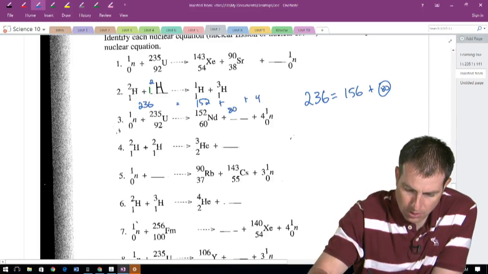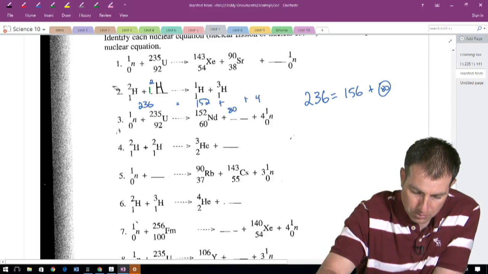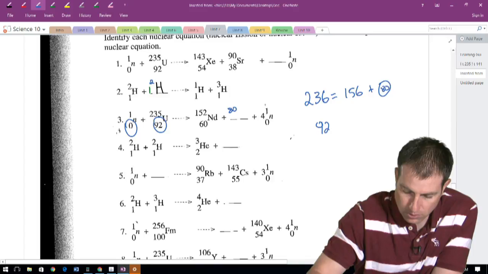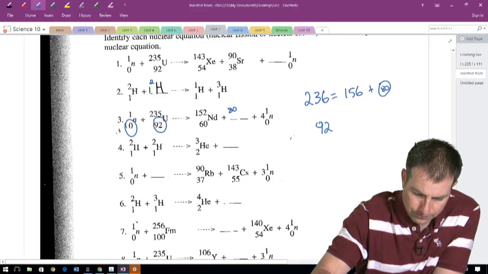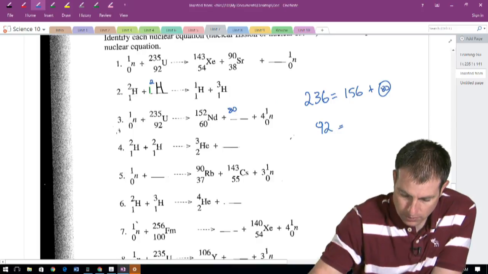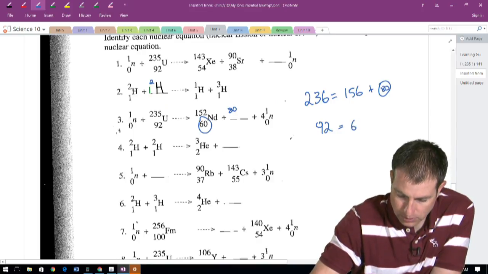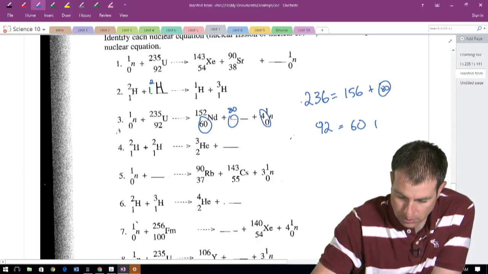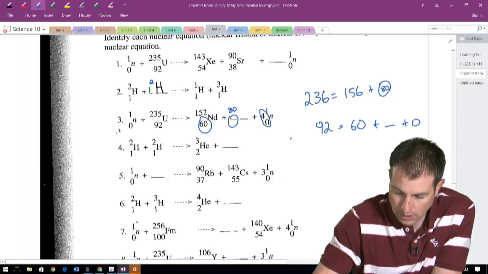So 80 on the top, and then we do the same thing on the bottom. I have 0 plus 92, so I have 92 is equal to, I have 60 here, so 60 plus something, what I'm trying to find, plus 4 times 0, it's going to give me 0.